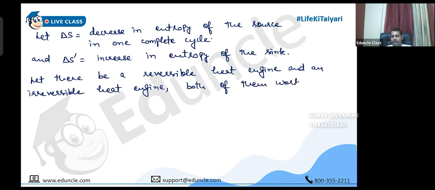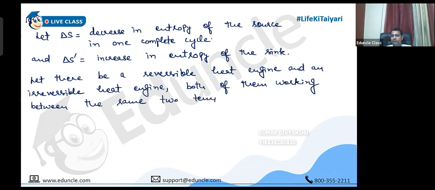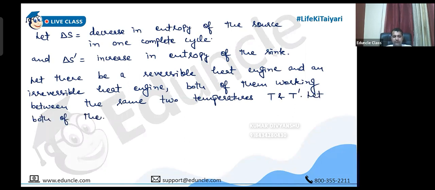both of them working between the same two temperatures T and T dash. Let both of them extract equal amounts of heat. So now I will calculate their efficiency.